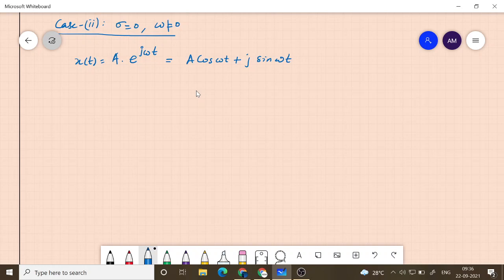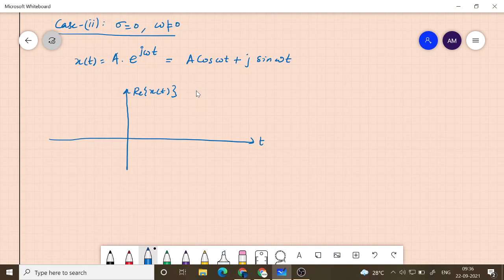That's the more convenient way of plotting it. So this is a complex function, it has real part and imaginary part. The real part of x of t is what I am going to plot first.